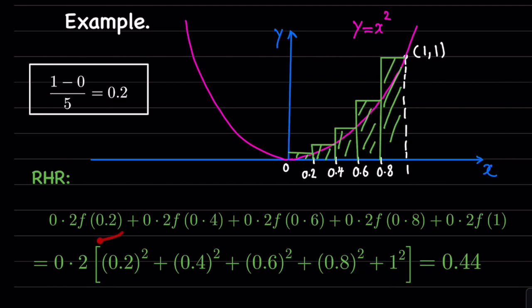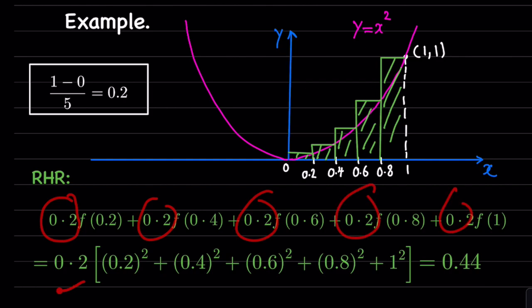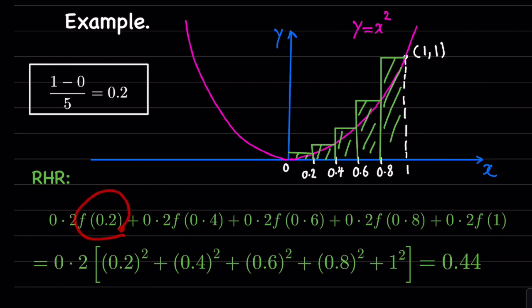So the formula that we have for the function f is just x squared, right? So f of x is x squared. So f of 0.2 is going to be 0.2 squared. Basically what I'm doing here is factoring out 0.2 from all these terms. I put it outside here, and then the value of the function f at 0.2 is 0.2 squared.